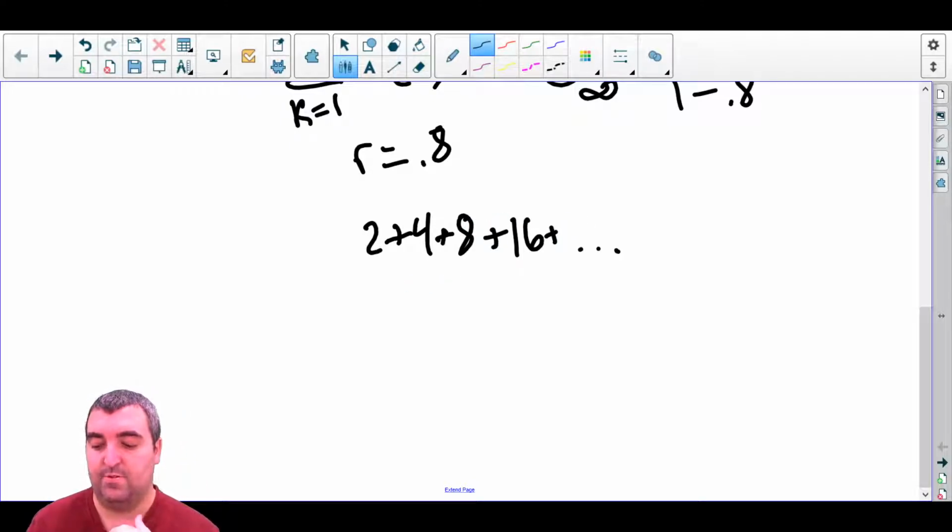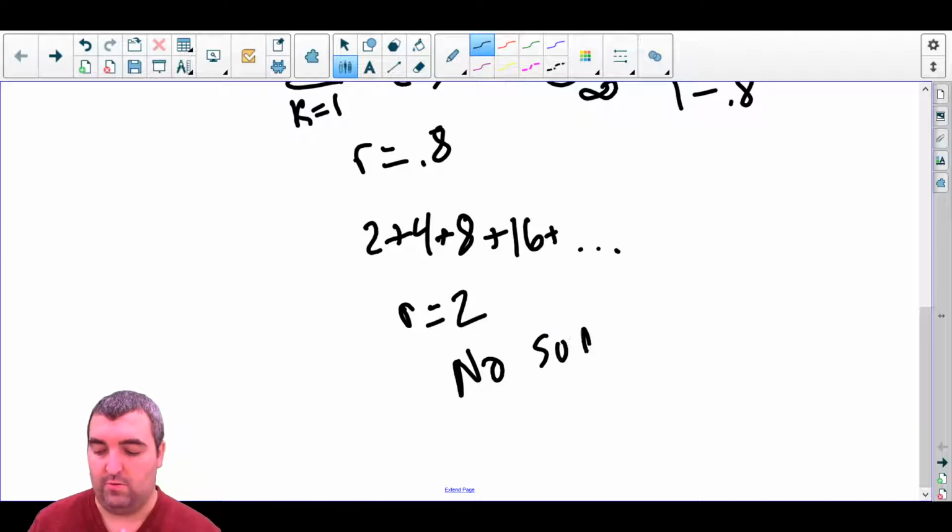So this would be another way of writing an infinite geometric series. The problem with this one is, you can hopefully tell, r equals 2. So we're just doubling, which means no sum, not possible, it goes to infinity. Lots of different ways of writing it, but there is no actual sum that they will reach.